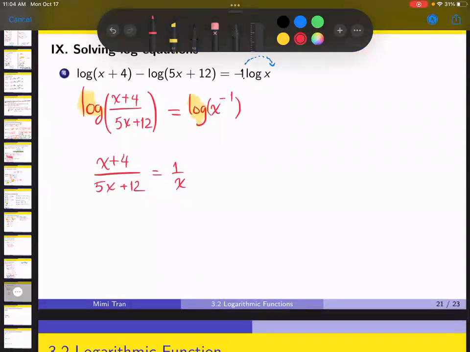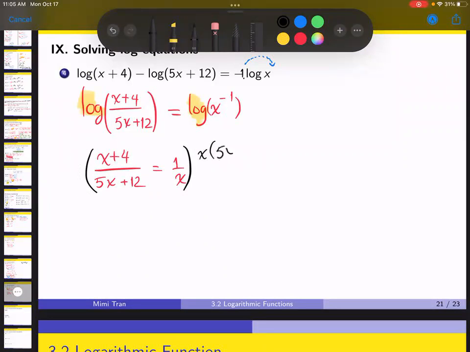You can crisscross multiply because you have one fraction on the left and one fraction on the right. Well, let's do LCD. What's my LCD here? Maybe I'll leave it as factored. So x times 5x plus 12. And now you distribute.